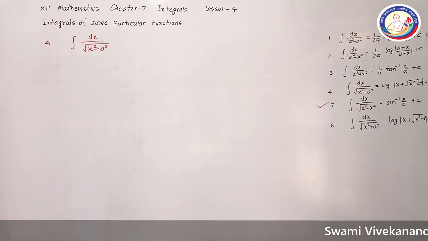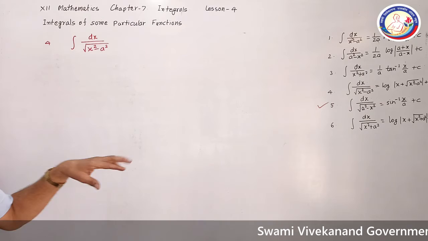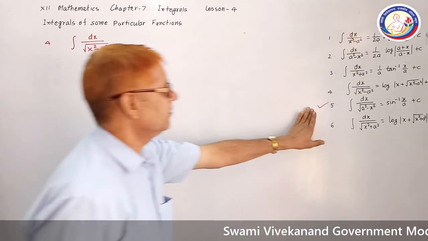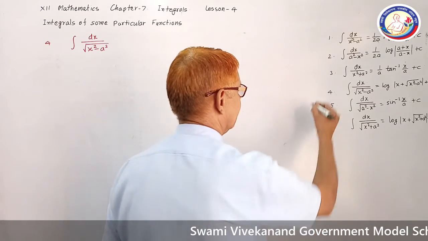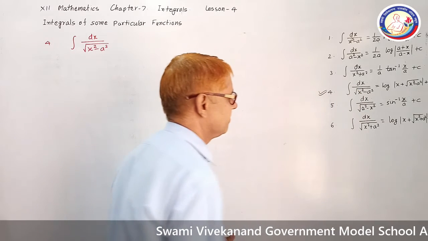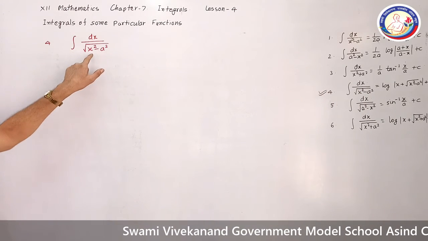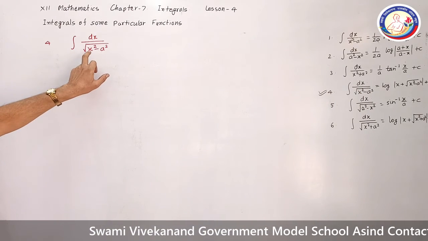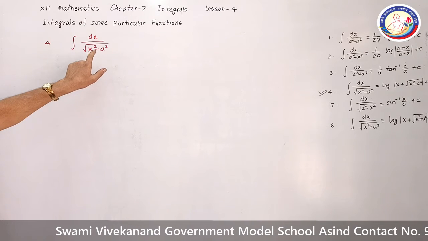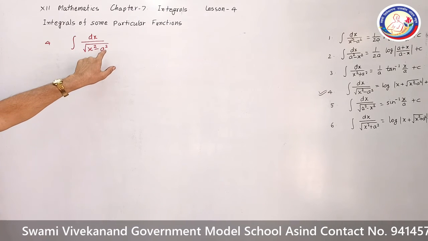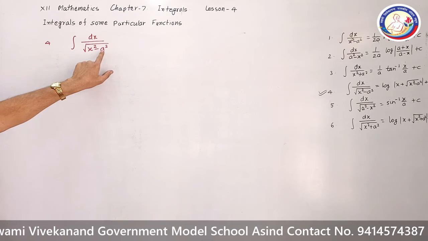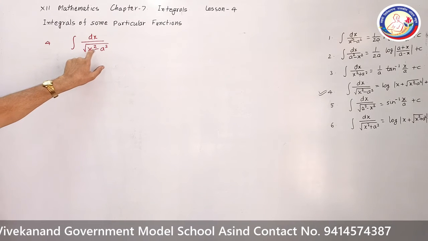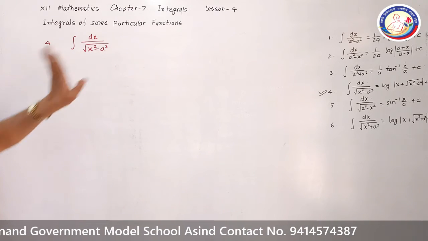I am taking one more integral to be found, that is fourth here. Here see the integrand, it is with square root and x square minus a square. Here sine and cosine will do nothing.